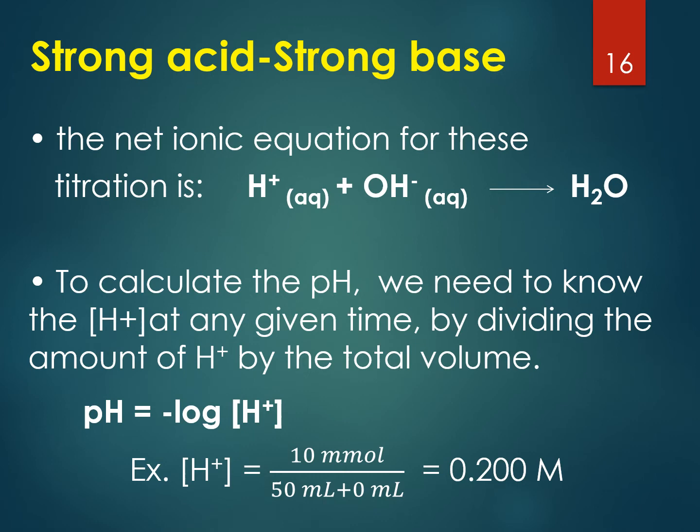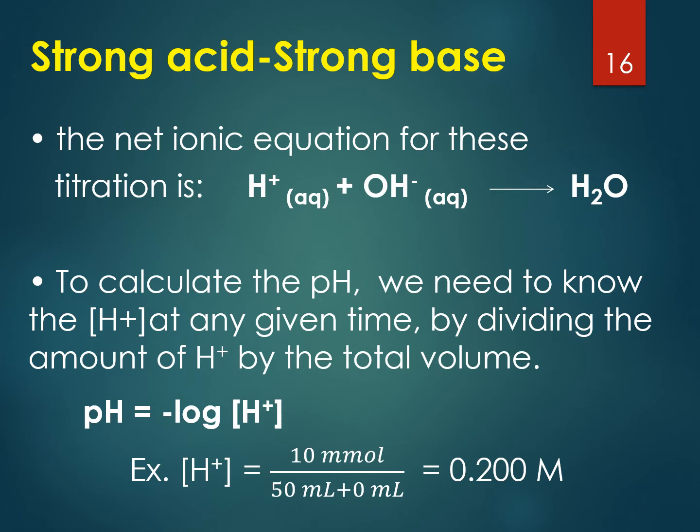When a strong acid and a strong base react, the net ionic equation is simply the formation of water, H plus and OH minus forming water. We apply the concept of stoichiometry, limiting and excess reactant. To calculate the pH, we need to know the H plus at any given time, and we divide it by the total volume of the solution.